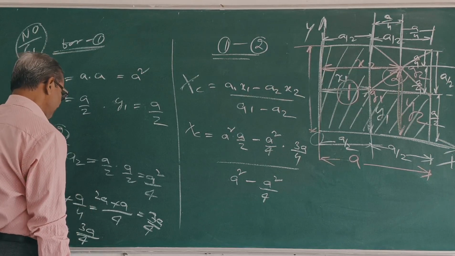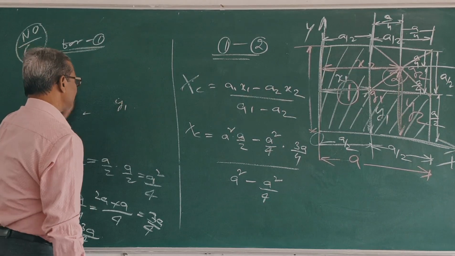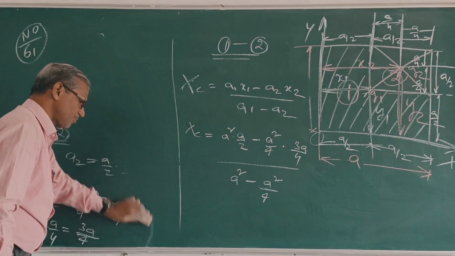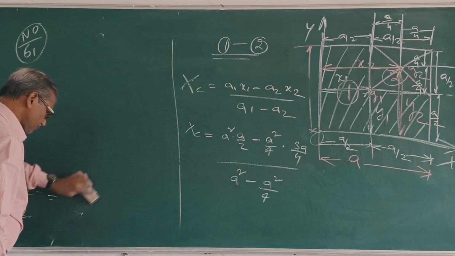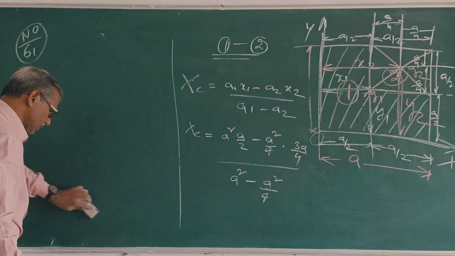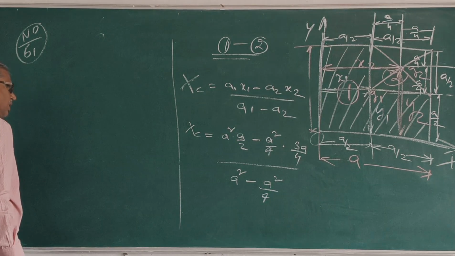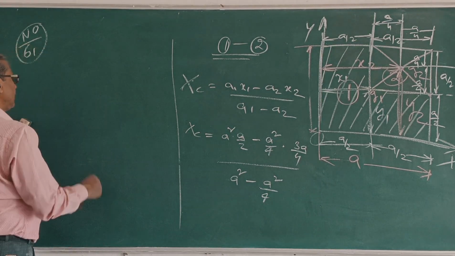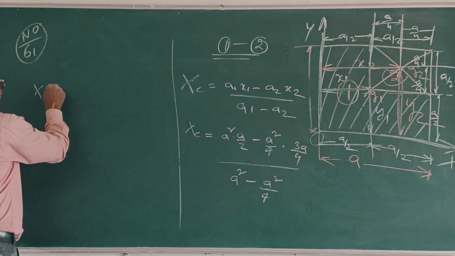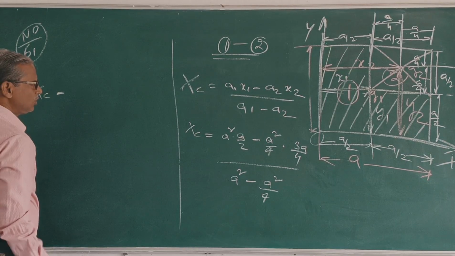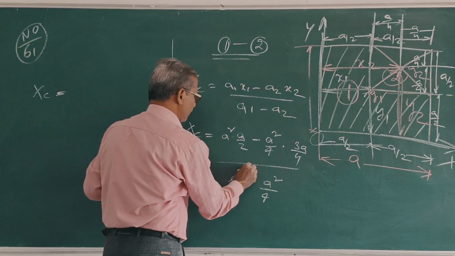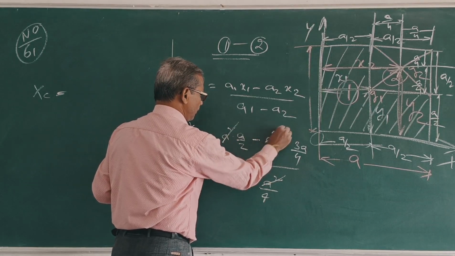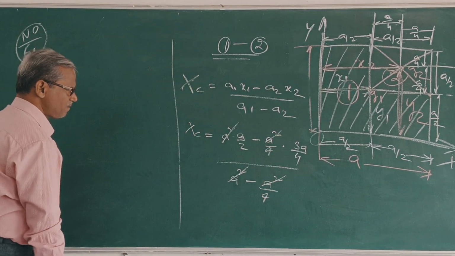Now x is equal to, cancel a square from the upper side and lower side. Clear?